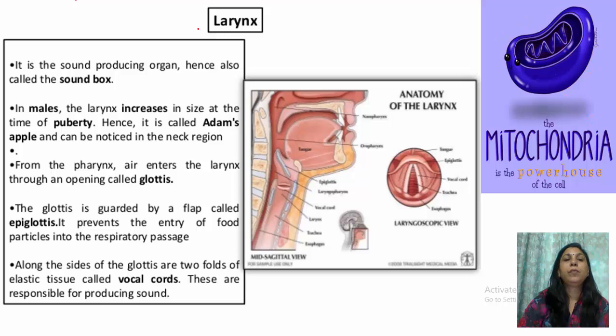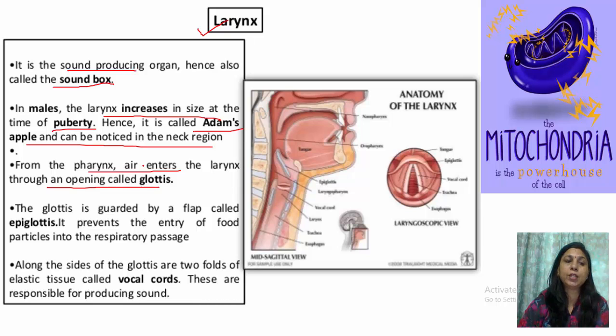Then comes the larynx. The larynx is also known as the sound box. It is the sound producing organ, hence it is also called the sound box. In males, the larynx increases in size at the time of puberty. Therefore, it is known as Adam's apple and can be noticed in the neck region. From the pharynx, air enters the larynx through an opening called the glottis, and this glottis is guarded by a flap called the epiglottis.